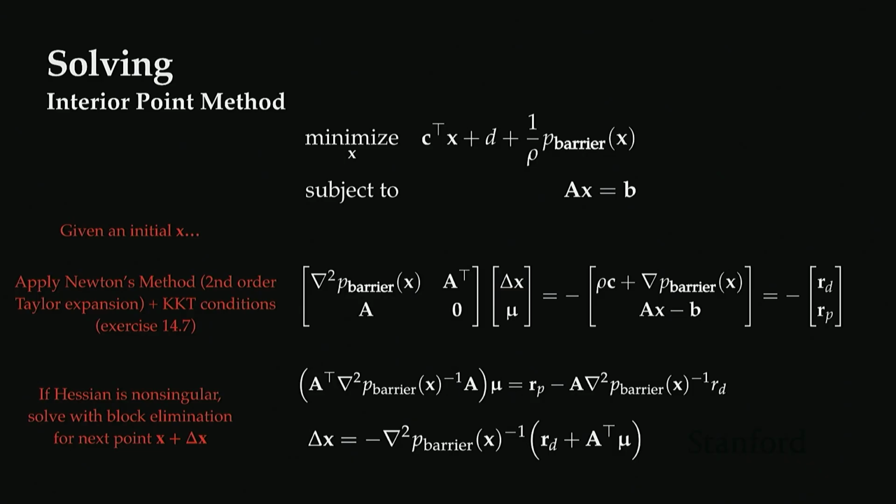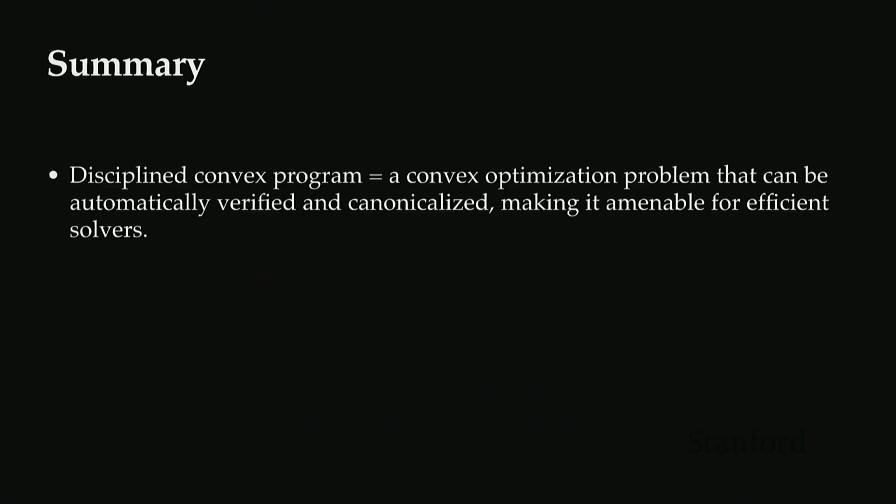Okay, and that's it. So to summarize, a disciplined convex program is a convex optimization problem that can be automatically verified and canonicalized, making it amenable to efficient solvers.